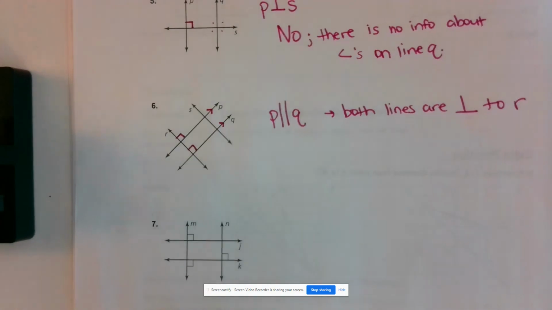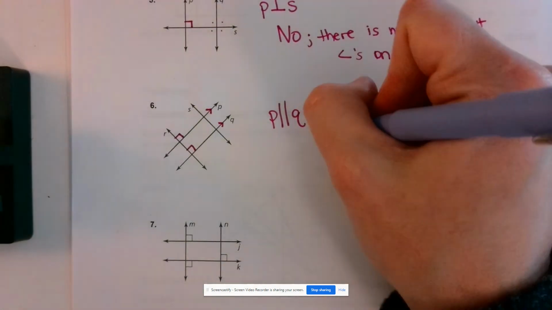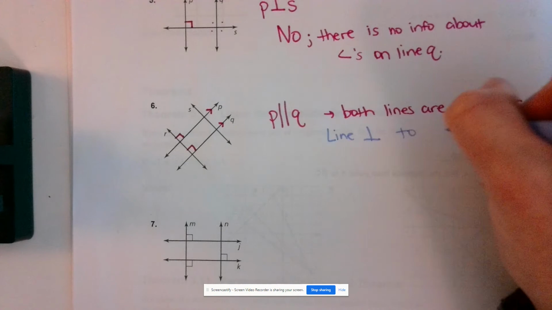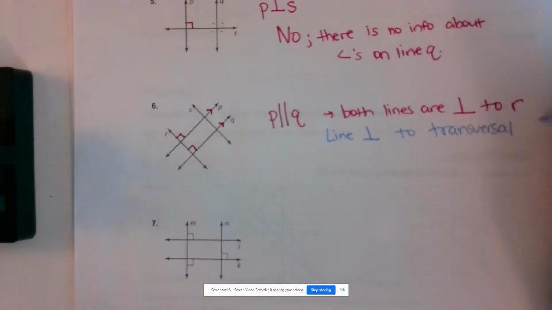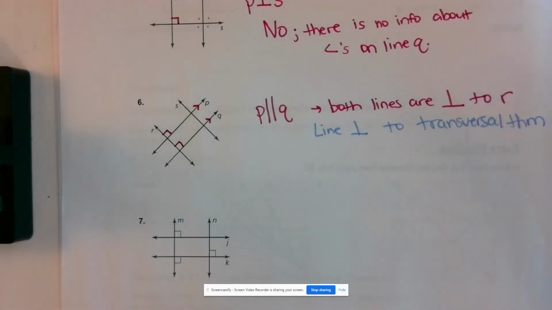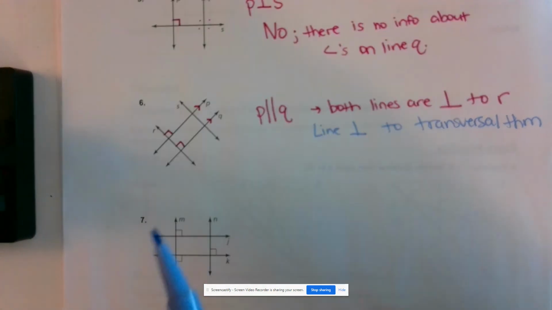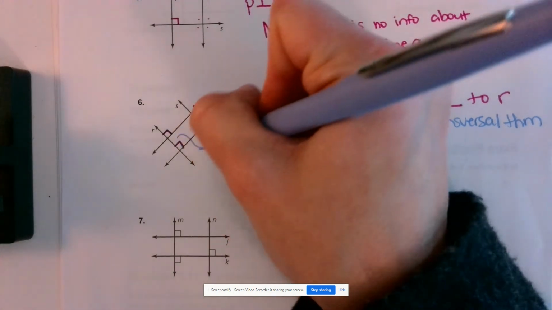The fancy name for this theorem is, and remember, this isn't super important to remember, the lines perpendicular to a transversal theorem. Another way to think about this, we also know P is parallel to Q because if you look at these two angles, these are corresponding angles.